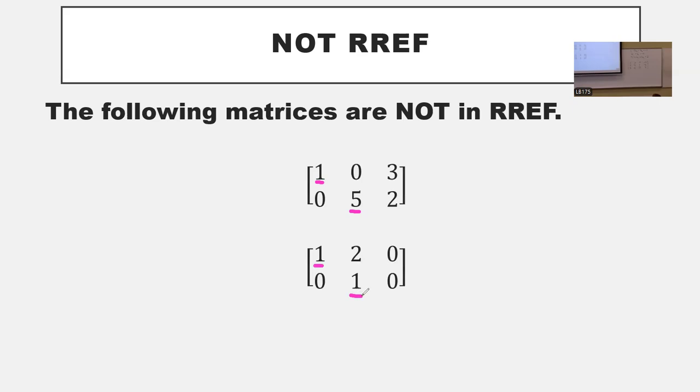I have the right pivot positions and the stair stepper effect, but I have a 2 above the pivot position, and we want that 2 to be a 0. Does that make sense? So these two are not in row reduced echelon form. That needs to be a 1. That would need to be a 0.